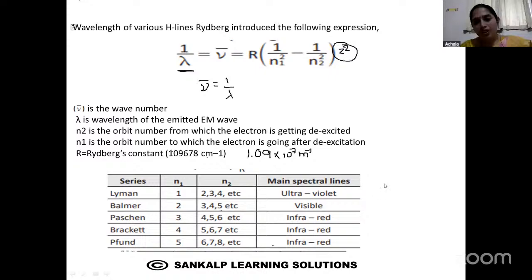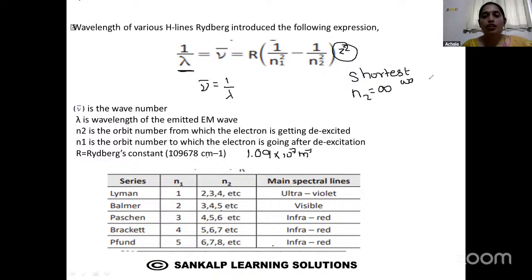Sometimes they may ask for the shortest wavelength. For the shortest wavelength, you have to substitute n2 as infinity.